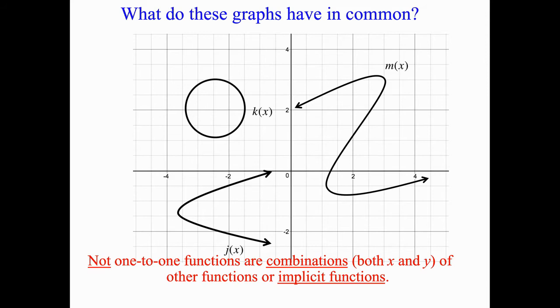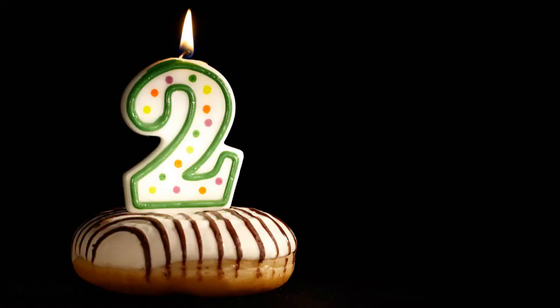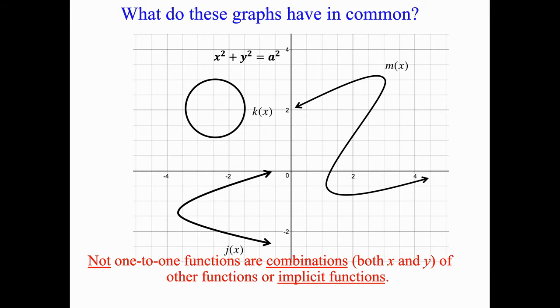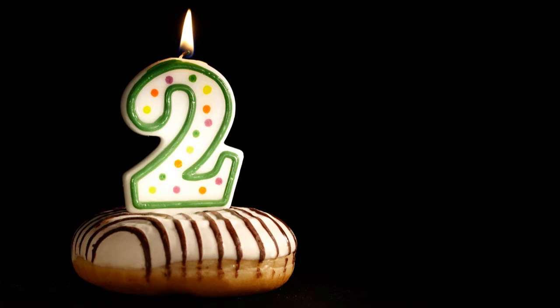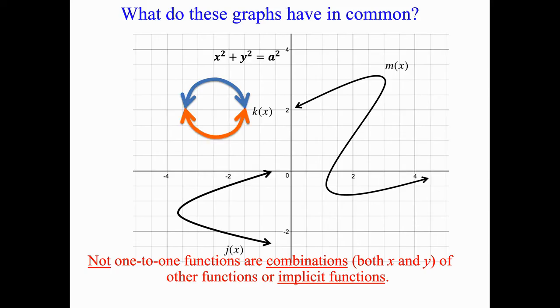The circle is actually made up of 2 separate functions. This is the general equation of a circle centered at the origin. Now, this particular circle isn't really centered at the origin, but I'm just using that formula to make a point. If you were to solve that for, say, the y value, you would actually end up with 2 answers, because this can be broken up as an upper piece and a lower piece.